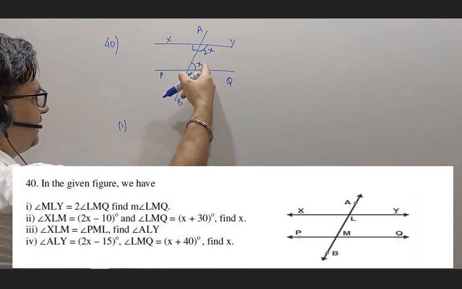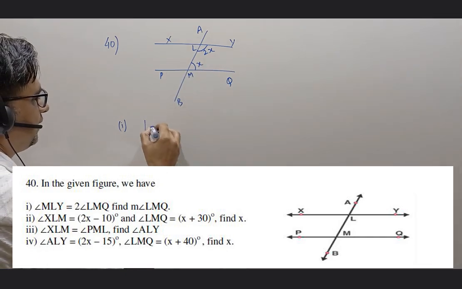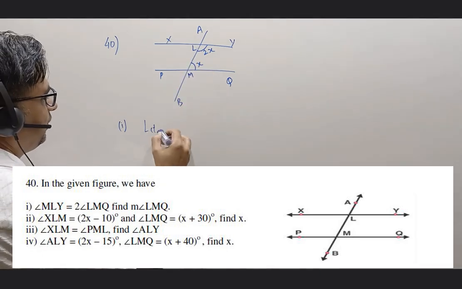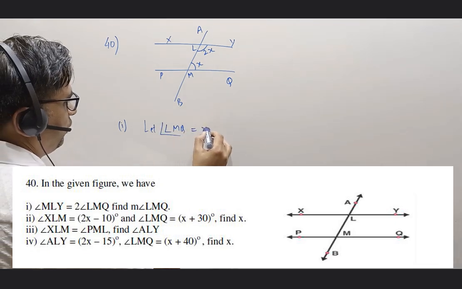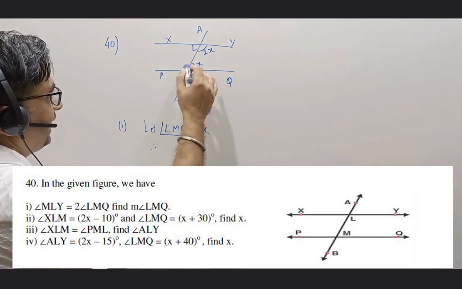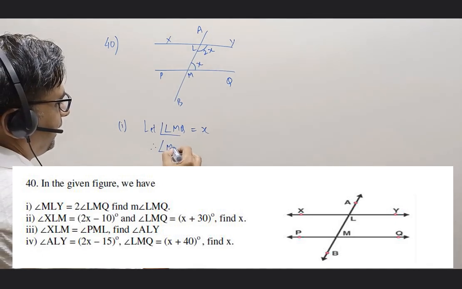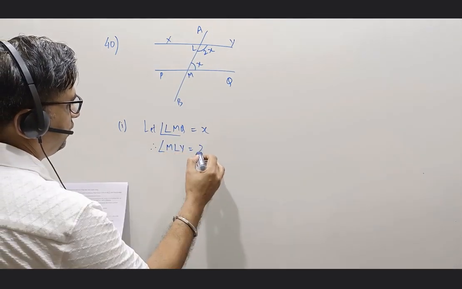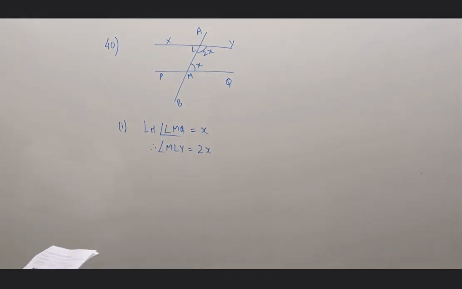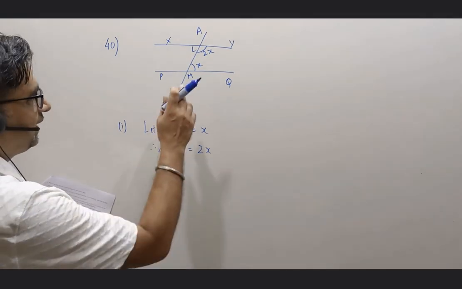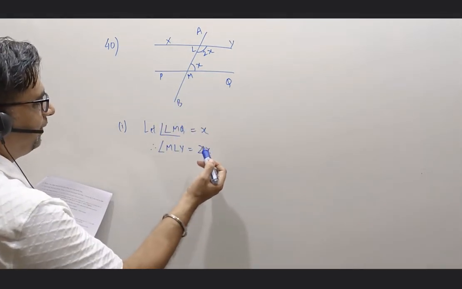So I've considered this as X. So let angle LMQ be equal to X, and therefore it's given that MLY is equal to twice of X. We are required to find angle LMQ. We are required to find angle X.